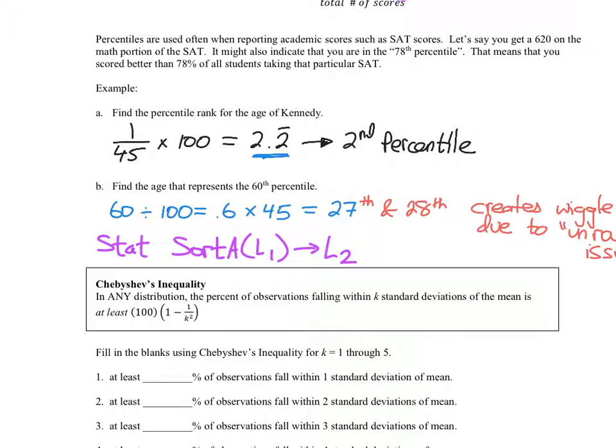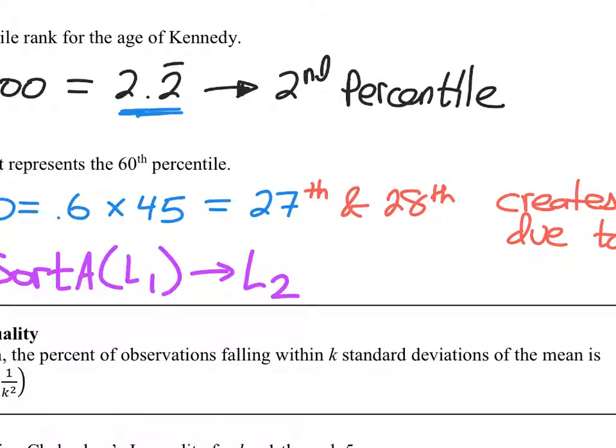Both are 56, which is beautiful, because that means the amount of work I have to do is minimal. The 27th value is 56 and the 28th value is 56. And what do you think I'm doing with these two numbers? Averaging them, just like we would if it were a median. 56 is the 60th percentile.